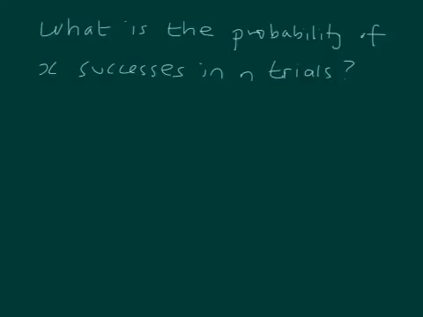So we're going to play n games. What's the probability of winning x times? So if the probability of success is p, then we've won x times. It says x successes. So this p, this probability, has occurred x times.